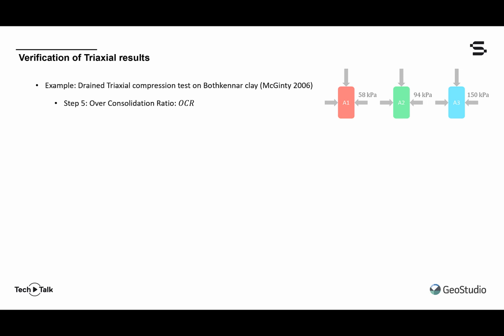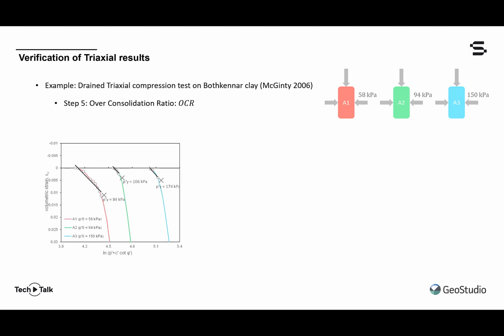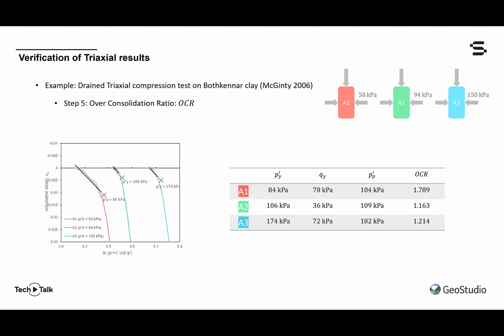The fifth step is to determine the overconsolidation ratio of all three specimens. So first of all, the yield points of the samples are detected. The yield values p′_y for tests A1, 2, and 3 are about 84, 106, and 174 kilopascals respectively.